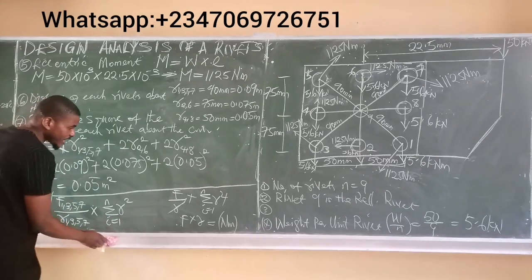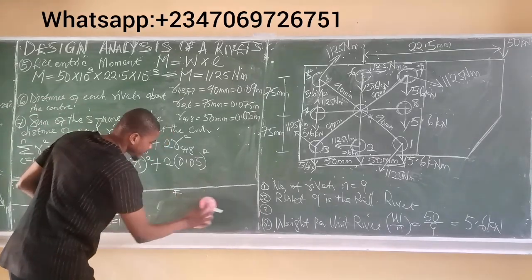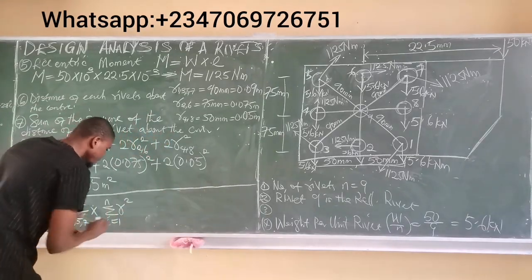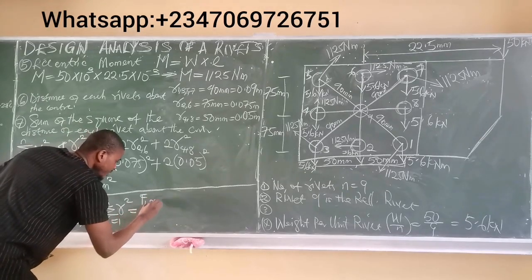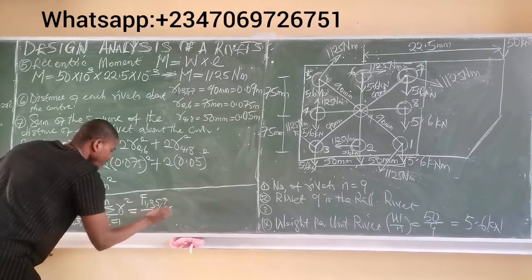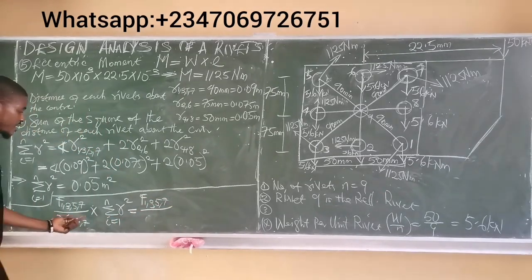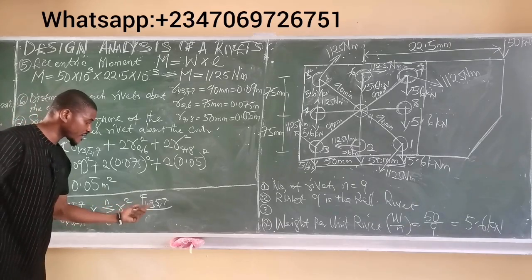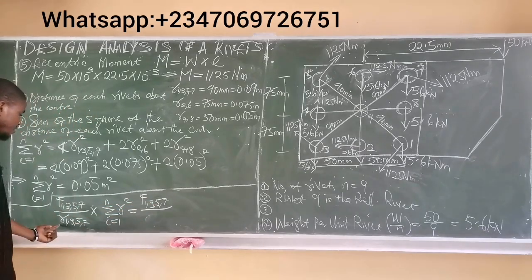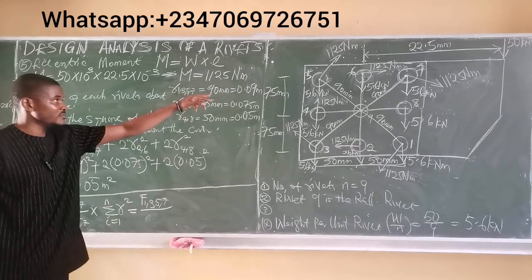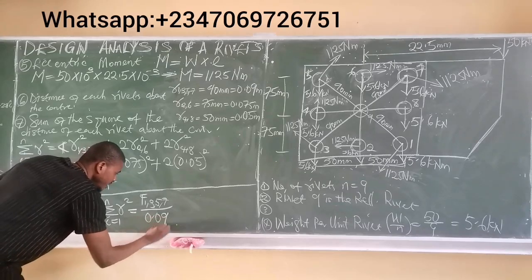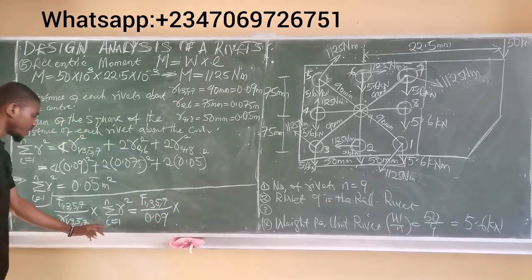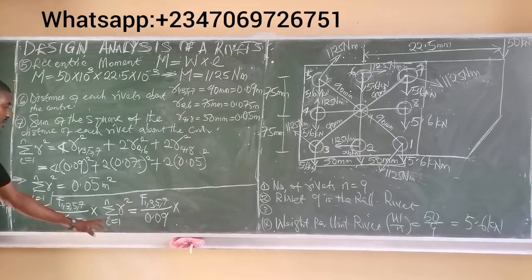All right, so we can do that at once. Now, this is simply equal to F1357 all over the total distance it takes rivets 1, 3, 5 and 7 to get to the center, which remains R1357, which is 90 millimeters, and we converted that to 0.09, times the summation of total distances, which we obtained to be 0.05 in meters squared.